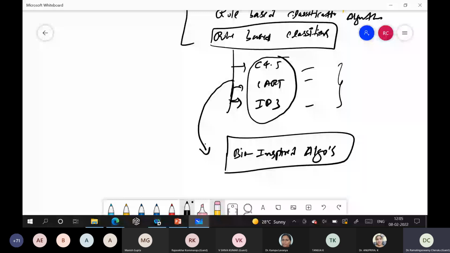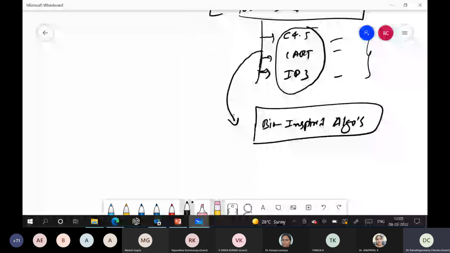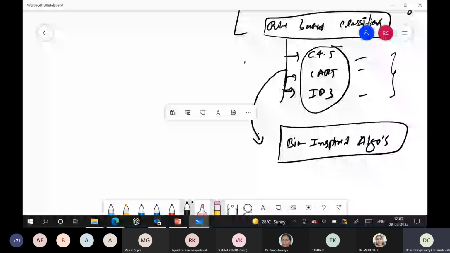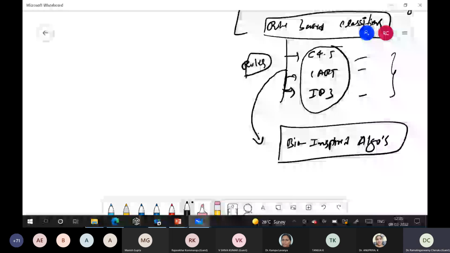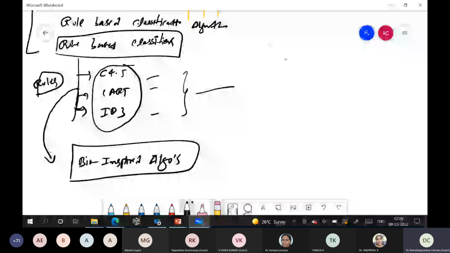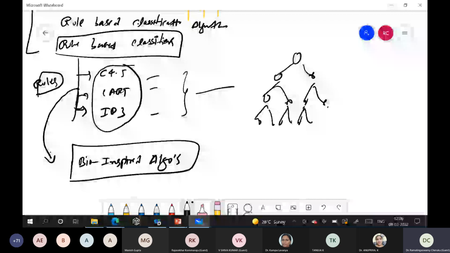So for this, let us talk about how we can generate rules from these traditional or state-of-the-art rule-based classification algorithms. If you look at any one of these, the idea is first they will construct a tree.